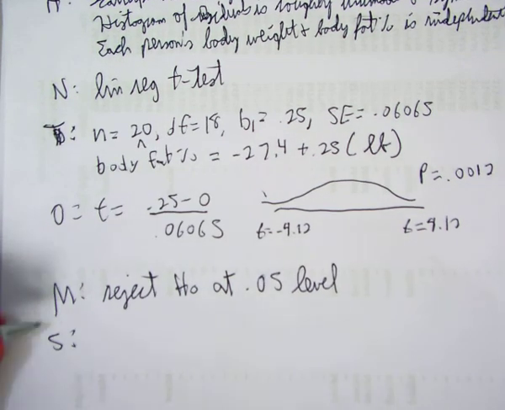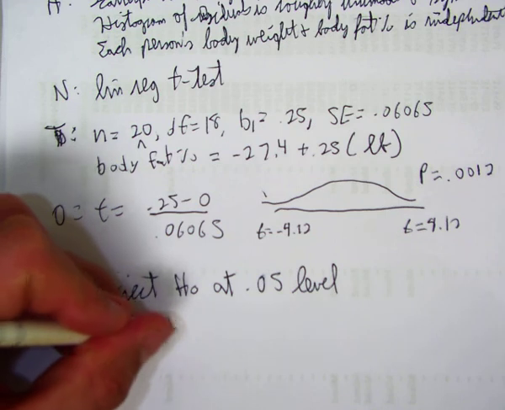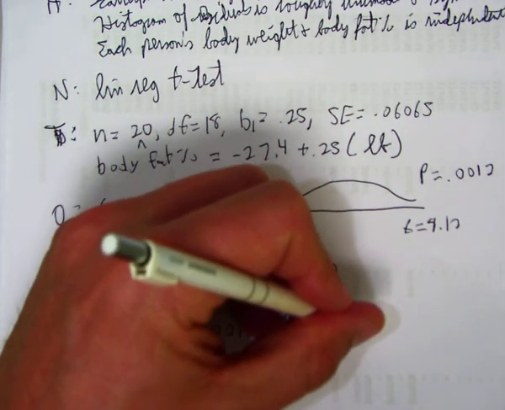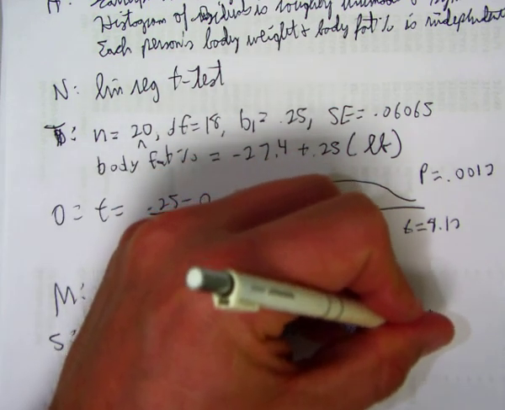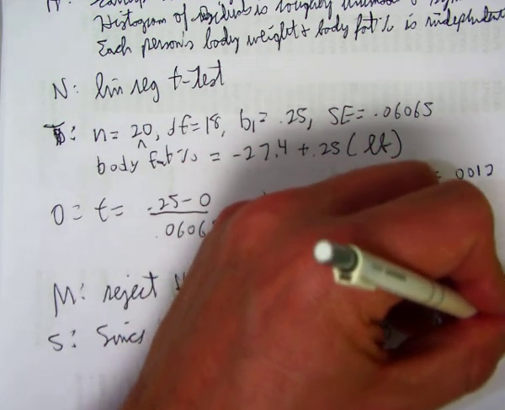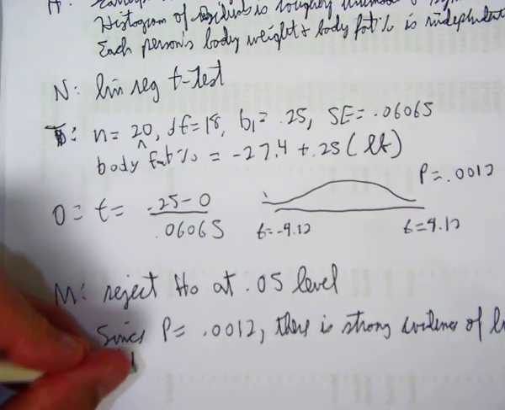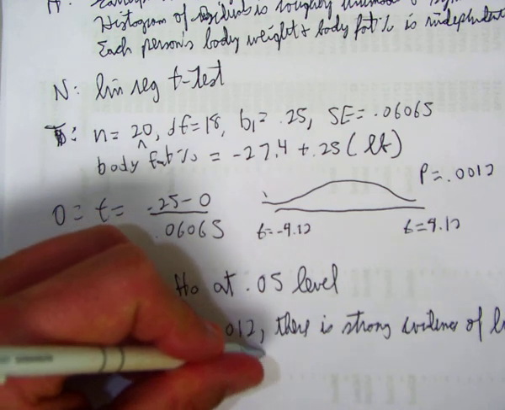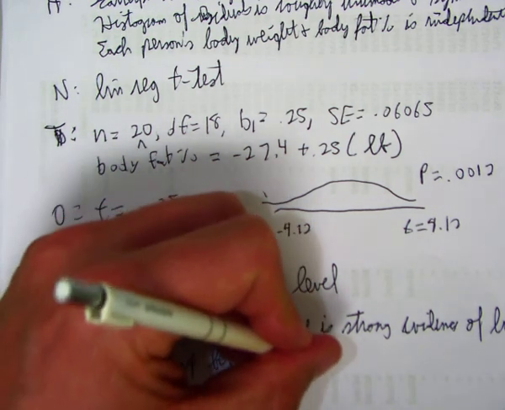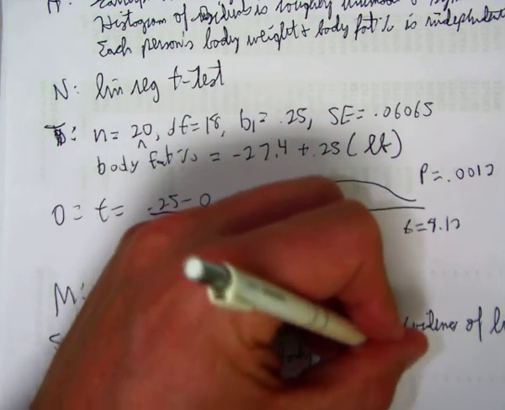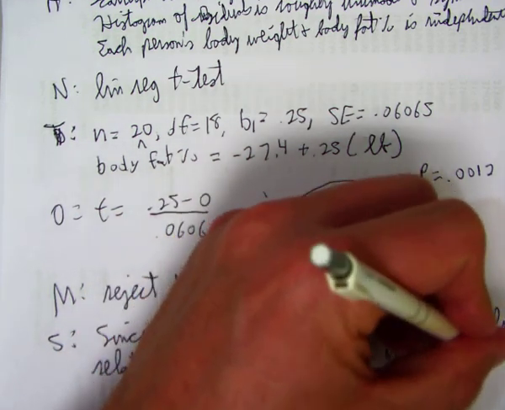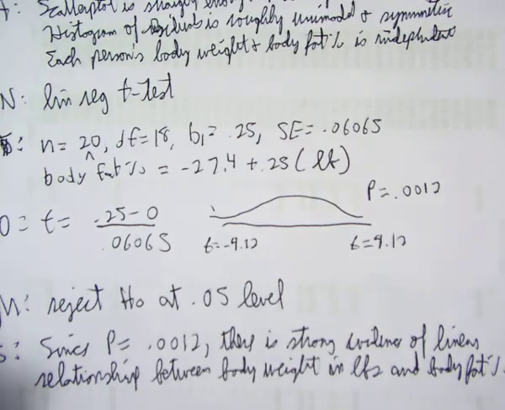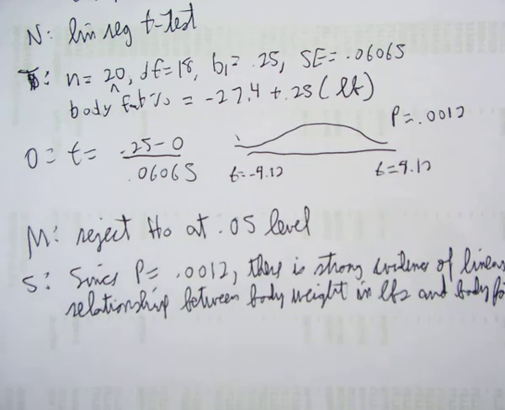Our conclusion is, since p equals 0.0012, there is strong evidence of a linear relationship between body weight in pounds and body fat percentage.